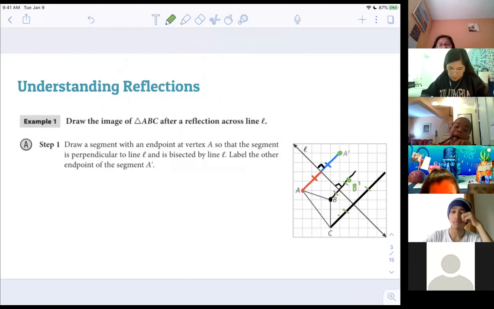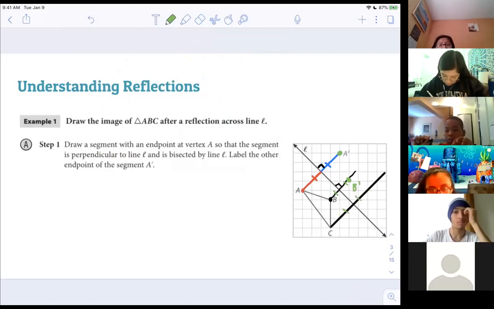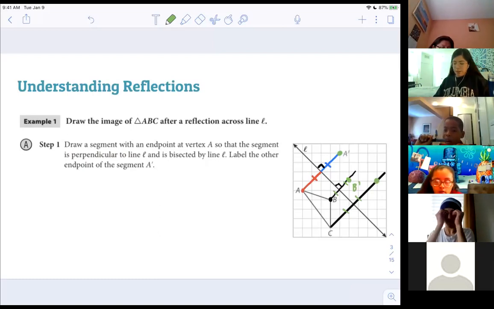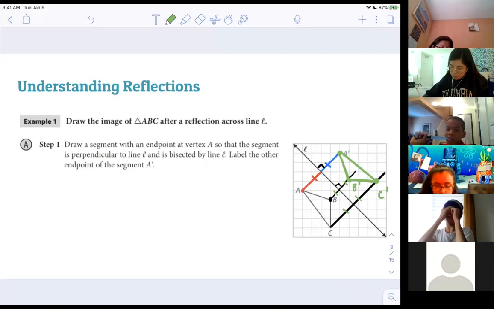I believe that's going to be, let me see, 1, 2, 1, 2, just about here. There we go. And that's my C prime. Then I'm going to connect my 3 dots. And boom, I've got my final triangle.